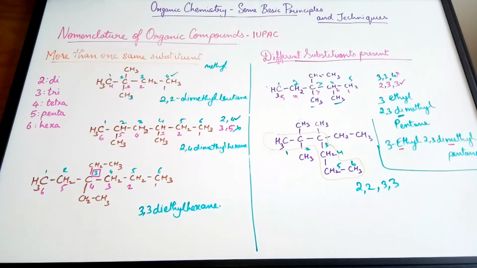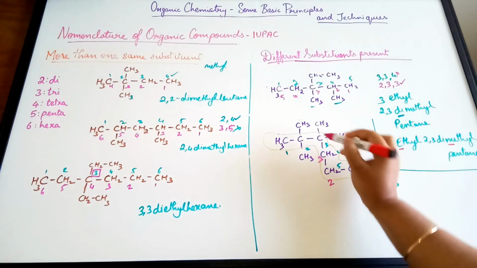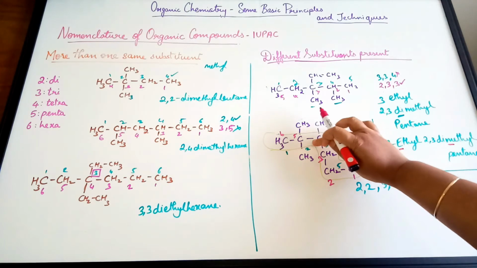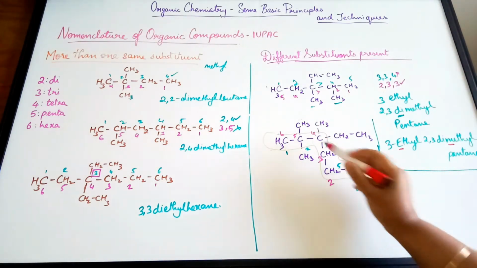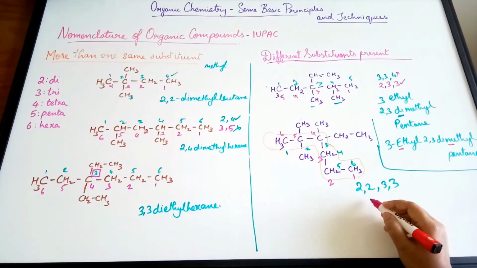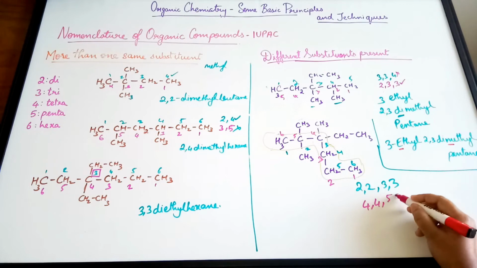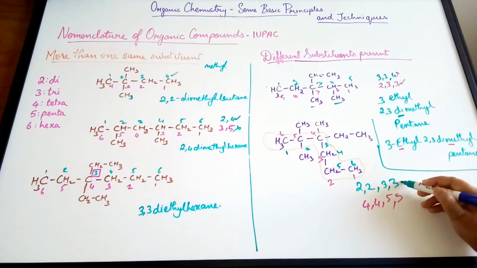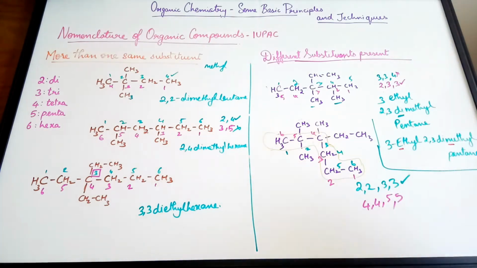Now when we go backwards, that is when we start from here, 1 2 3 4 5 and 6. So this is again based on the first point of difference rule. So you have fourth carbon having 2 substituents and the fifth carbon is having 2 substituents. So based on that rule, we know that 2 2 3 3 is the right numbering. So the one in blue is the right numbering.